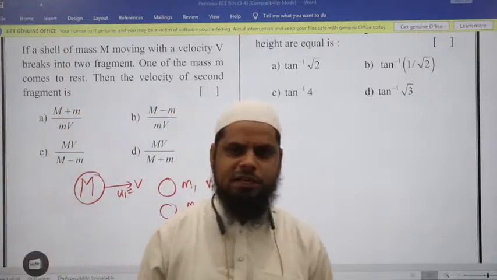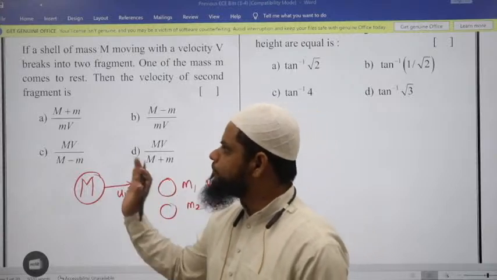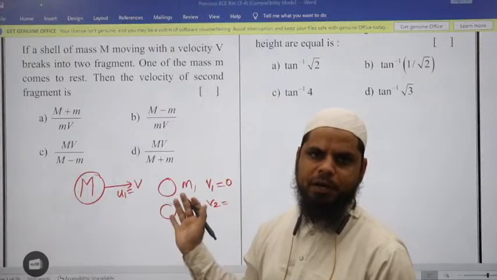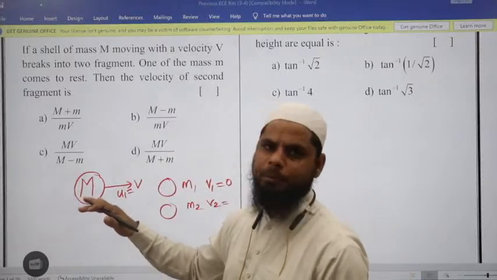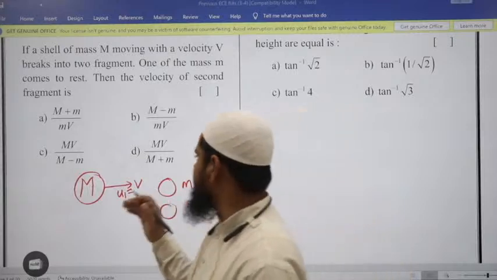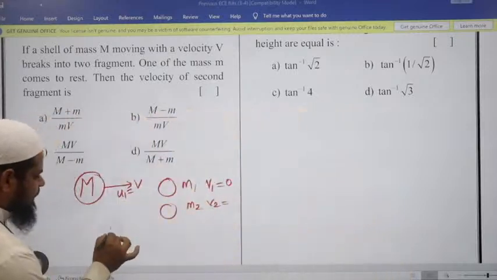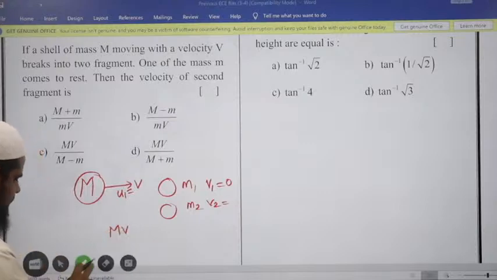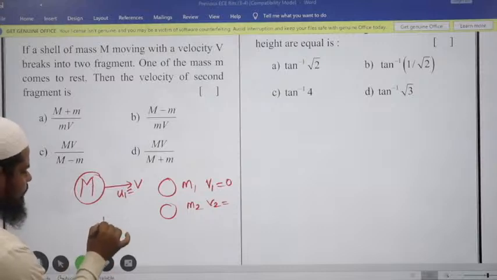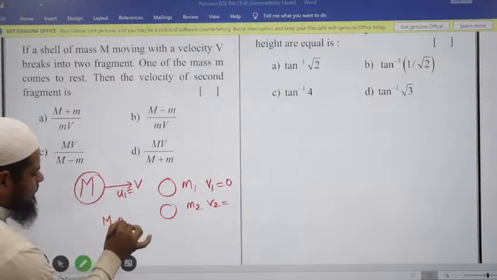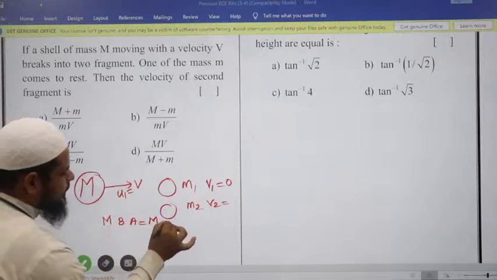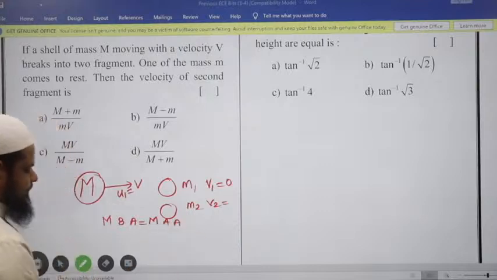What is the law of conservation of momentum? Momentum before action is equal to momentum after action. In that case, momentum before action is mv.